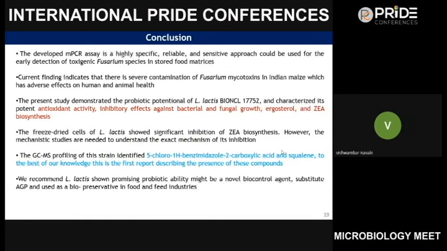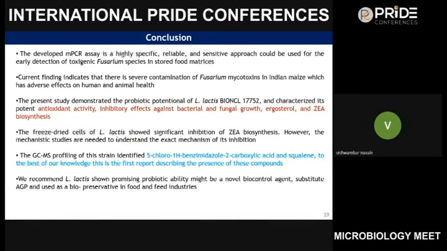Our current finding indicates that there is severe contamination of Fusarium mycotoxins in Indian maize, which has an adverse effect on human and animal health. In the present study, we demonstrated that Lactococcus lactis has various activities like antioxidant activity and inhibitory activity against bacterial and fungal growth. It also inhibits ergosterol and zearalenone biosynthesis. The freeze-dried cells showed significant inhibition of zearalenone biosynthesis.